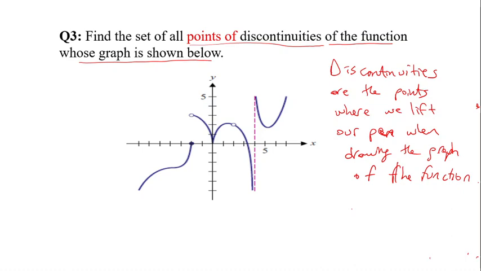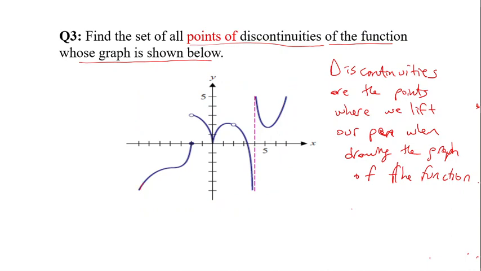Now, we will not look at the endpoint here. We don't have any idea about the left part of the graph, so it's not given to us. We will just look at this frame only.